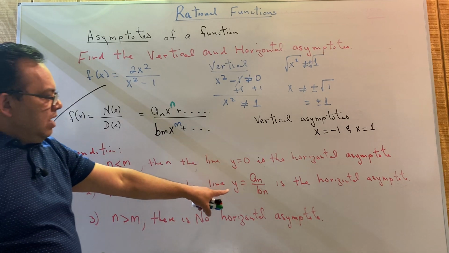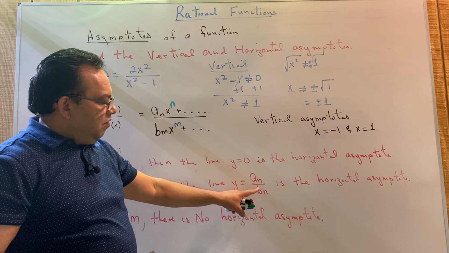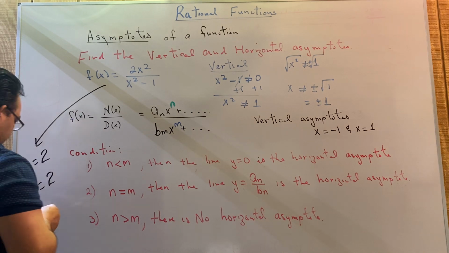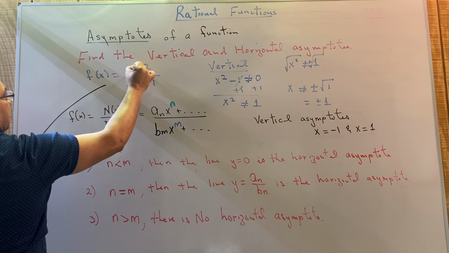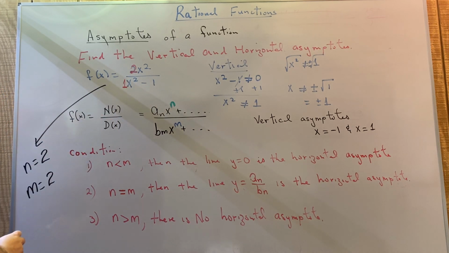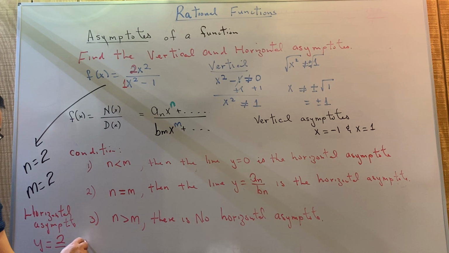Then the line y equals the quotient of the leading coefficients. The leading coefficient here is a 2, and the leading coefficient here is a 1. So my horizontal asymptote is y equals 2 divided by 1, which is equal to 2. So the line y equals 2 is my horizontal asymptote.